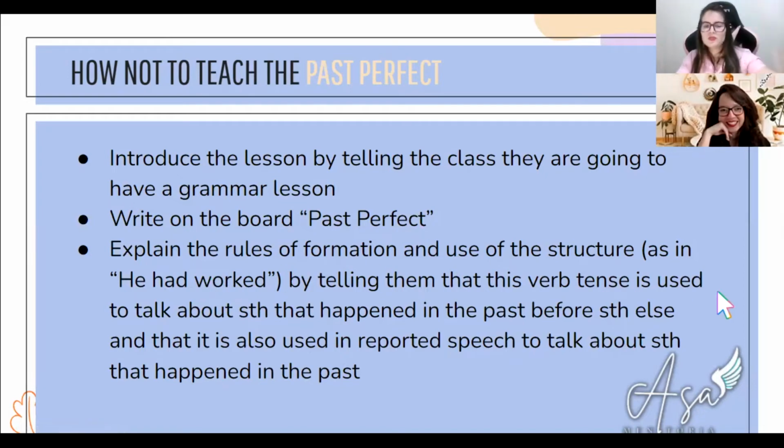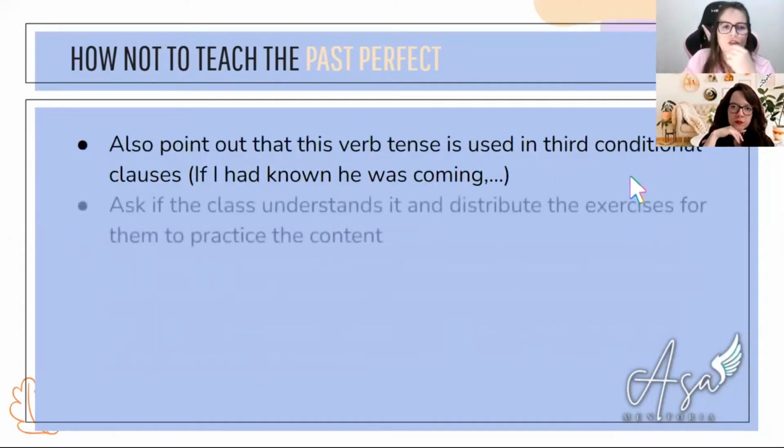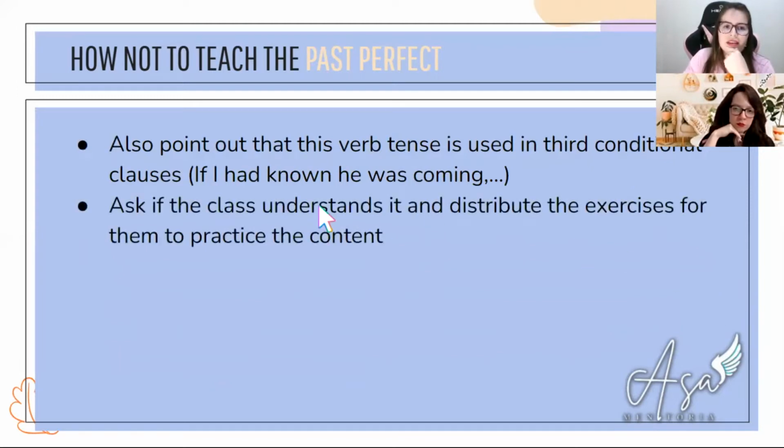And then you explain the rules of formation in when we talk about things that happened in the past before other things, and when we use reported speech, and also when we use third conditional, right? So as you said, too much information. Ask the class if they understand it and distribute the exercises for them to practice the content.